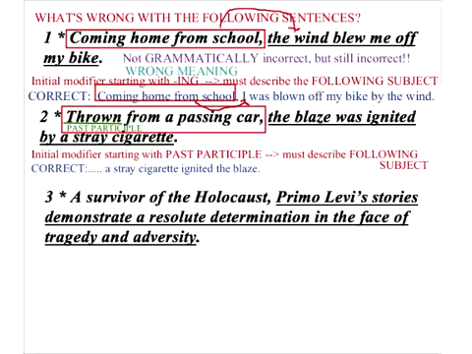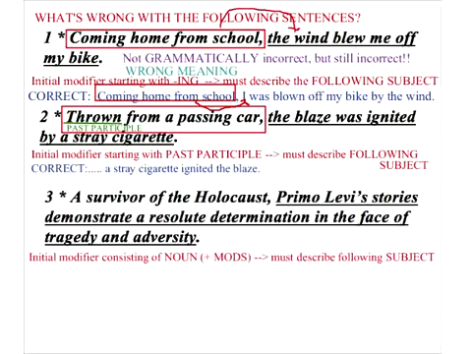When your initial modifier consists of only a noun or a noun plus modifiers, then that also must describe the following subject. So this is just a noun, a survivor, and "of the Holocaust" is a modifier. So this is basically just a noun. When you have a modifier like this, whether you like it or not, you have to be talking about the subject that's here.